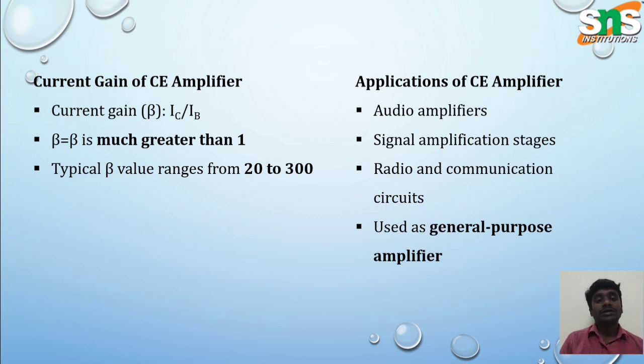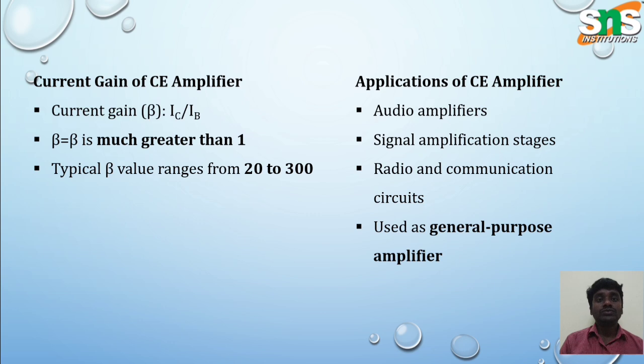Its gain value is very high, so we can utilize it for applications like audio amplifiers, signal amplification stages, radio and communication circuits, and also as a general purpose amplifier.